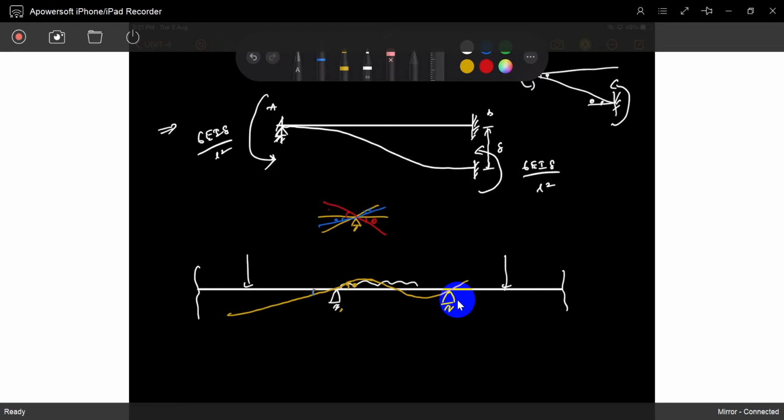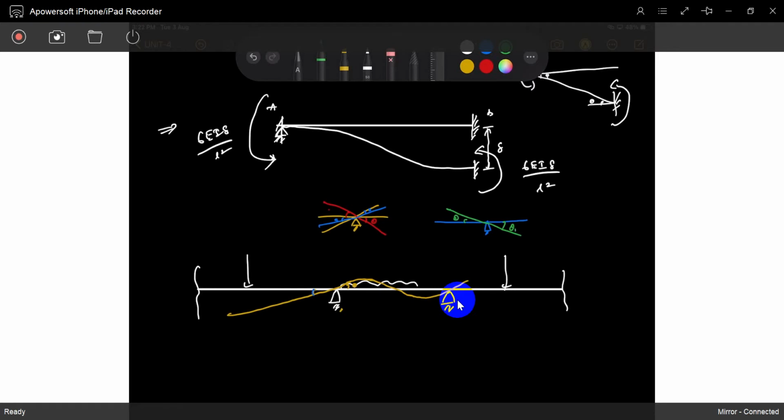So if it is a beam, it is a joint. Maybe it goes to clockwise theta, we don't know.